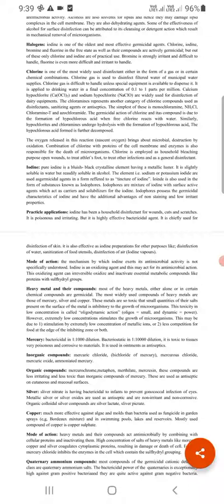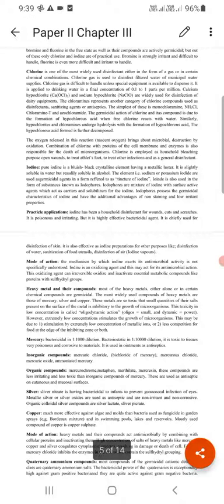Similarly, hypochlorites and chloramines undergo hydrolysis with the formation of hypochlorous acid, which is further decomposed. The oxygen released in this reaction, that is nascent oxygen, brings about microbial destruction by oxidation. Combination of chlorine with protein in the cell membrane and enzymes is also responsible for the death of microorganisms.